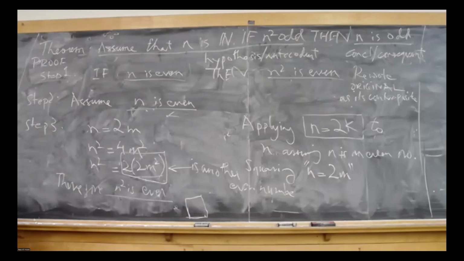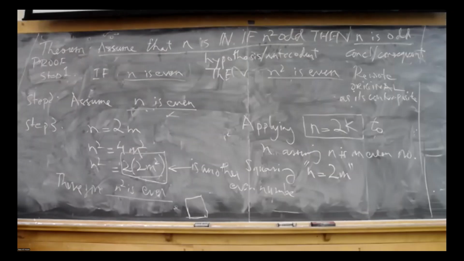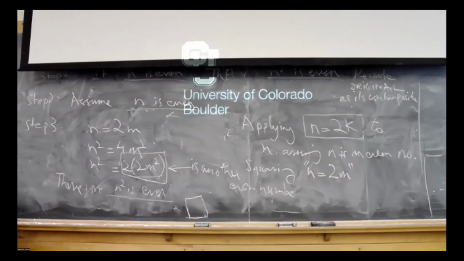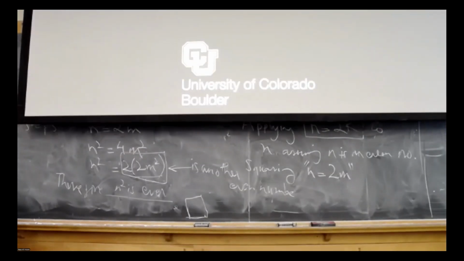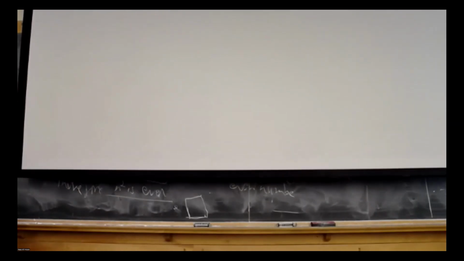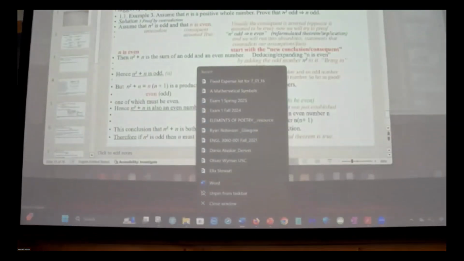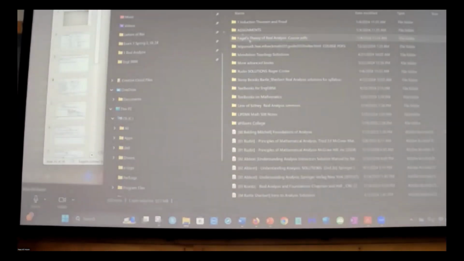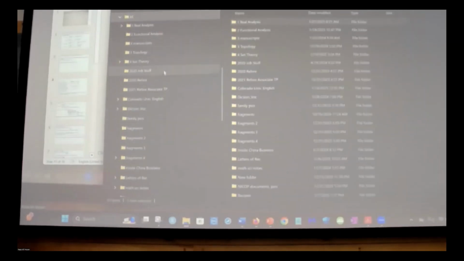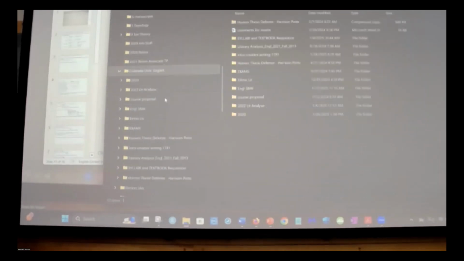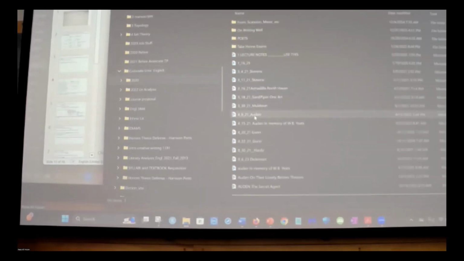So I should do this. And then pull up. Where? Okay. All right, so I have to go to. So this is a new exam, so I might be revising it a little bit.